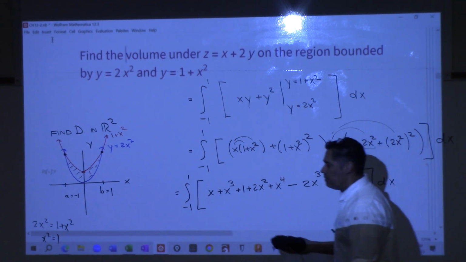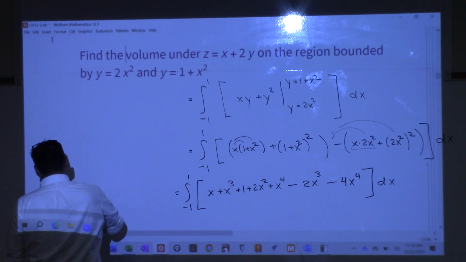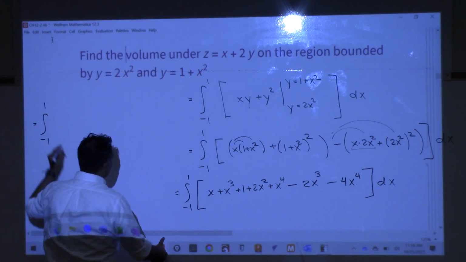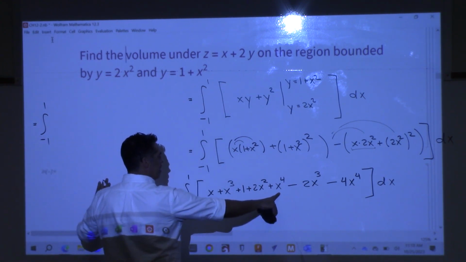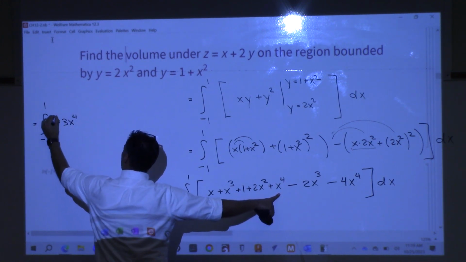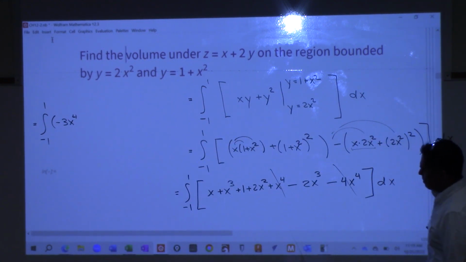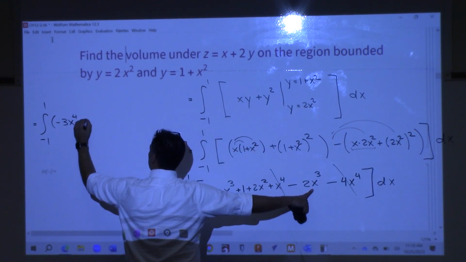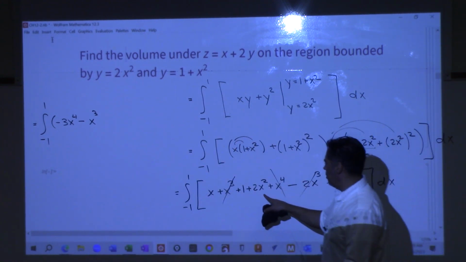And then I keep going, clean that up. At this point, it's not that bad. I hope you agree. Minus 3x to the 4th. How many x cubes do we have there? Minus these two and this one, so minus x cubed. X squared, I only have the plus 2x squared.